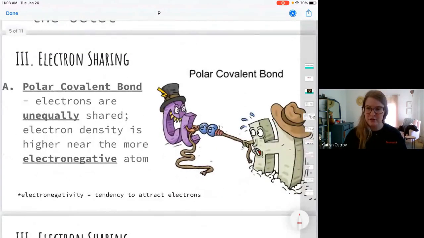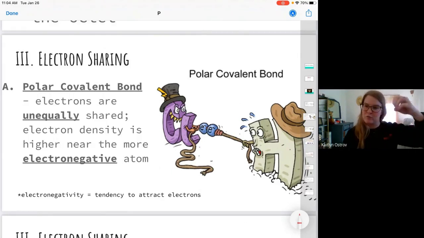And so when they share their electrons, they don't always share them evenly. The electron cloud density isn't always just right in the middle of those two atoms. If you have a polar covalent bond, think of polar, I mean, you might think of cold, but typically something that's polar has poles, or it has a negative and a positive region. So think of a magnet, or the North Pole and the South Pole.